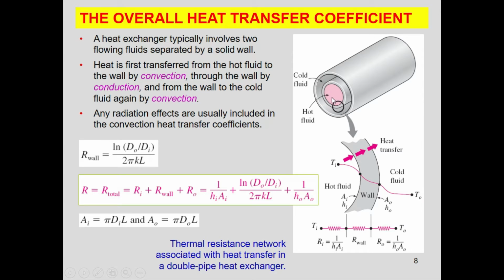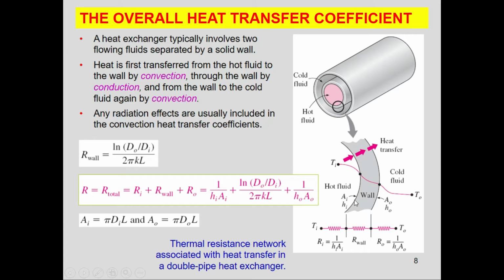First of all, the heat will transfer from this hot fluid to the wall, and this is known as the convection process, and the heat will be conducted through the wall. This is known as the conduction process, and from the wall to the cold fluid, this is again the convection process.